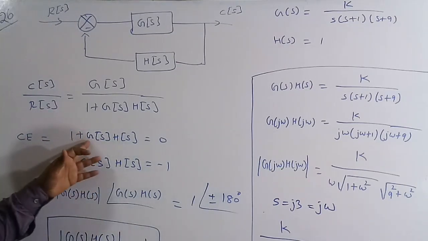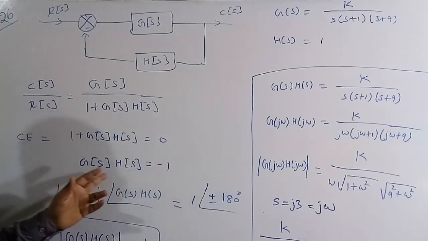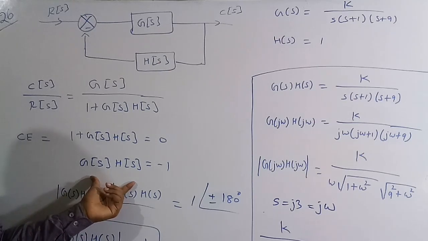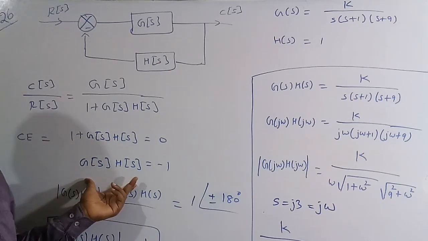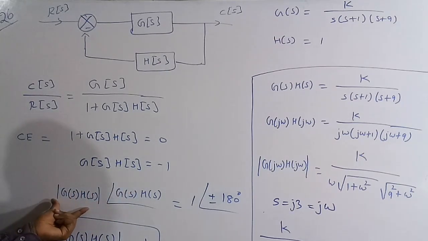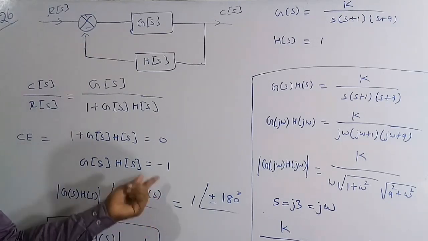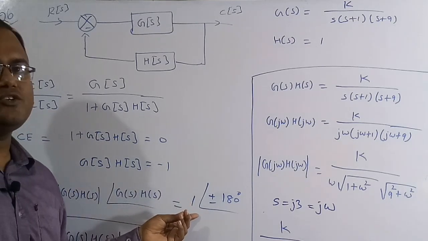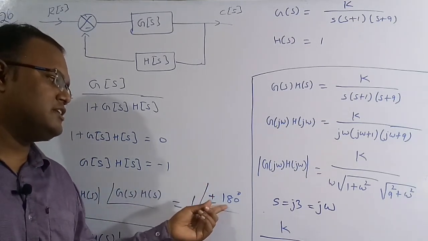So I am going to take the 1 to the right side. So G(s)H(s) = -1. As this is a complex number, it has a magnitude value and also an angle value. As -1 we can write in polar form, the magnitude is 1 and the angle is either plus or minus 180.